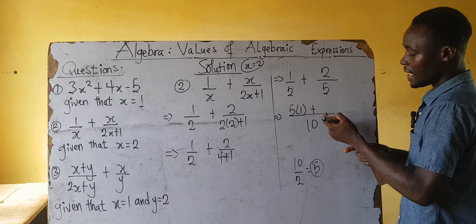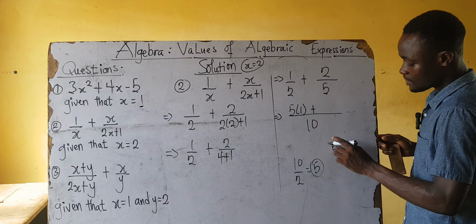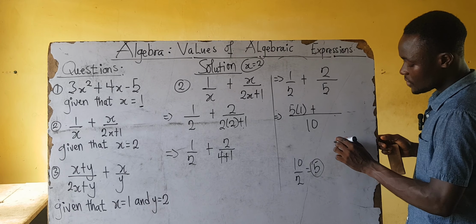Then my addition sign. 5 also goes into 10 how many times? 2. Remember, if 5 people are going to share 10 oranges, each person will get 2 oranges. So this 2 will multiply the numerator of the fraction 2 over there. So I have 2 multiplying 2. I believe you are following the concept.